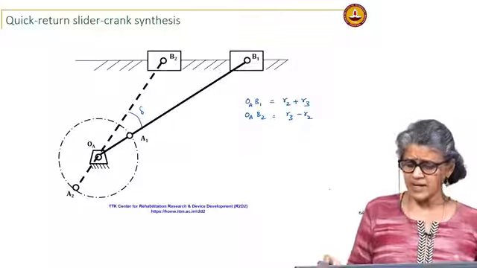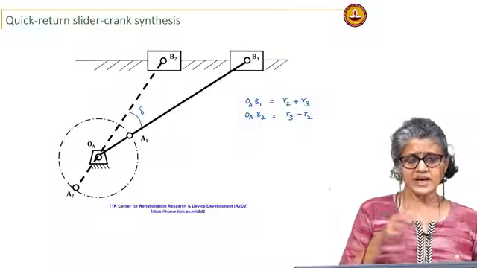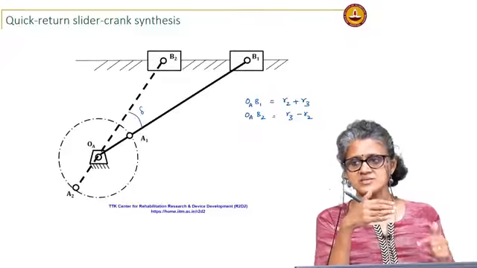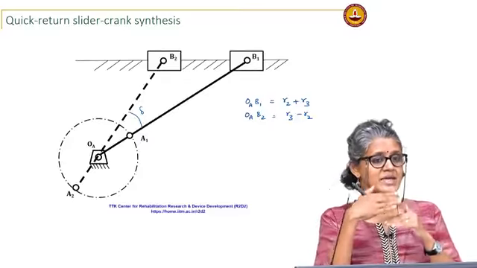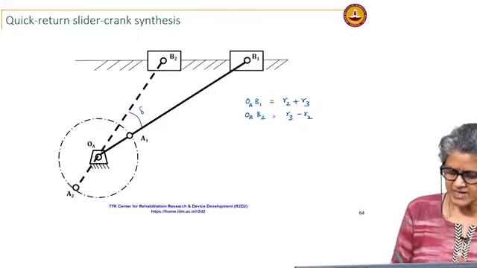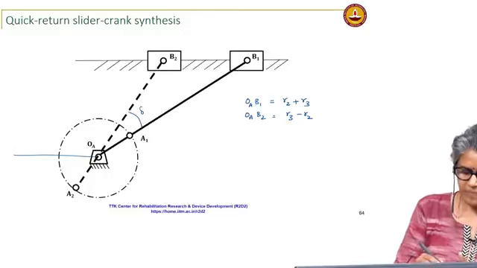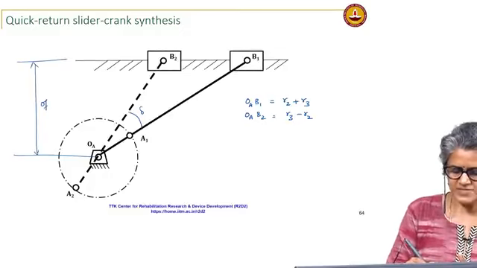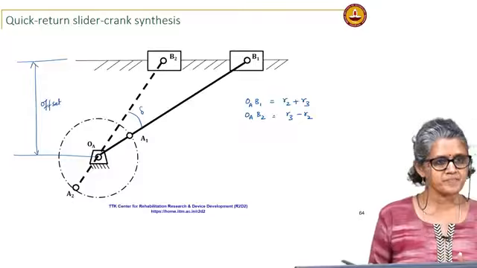And we did not look at, so the slider crank also has, just like the Grashof criterion, some conditions so that the slider crank can be assembled in the extreme position. What kind of a slider crank is this? This is called the offset of the slider crank.